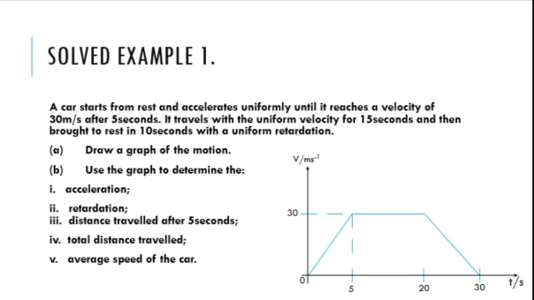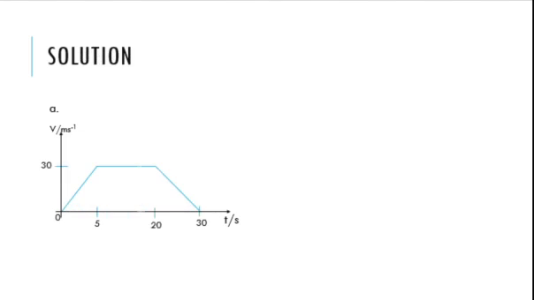Now we know that if you want to calculate acceleration, it is going to be the change in the vertical over the change in the horizontal. A body started from here and accelerated to this point. If you are reading it on the vertical axis, this is the initial velocity and this is the final velocity, and it is final minus initial.